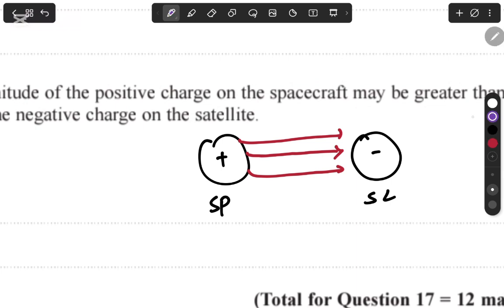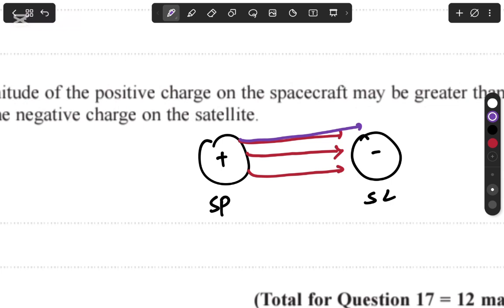It is possible for some of these electrons not to be gained by the satellite, but instead they miss the satellite and don't hit it. Because of this, the satellite doesn't gain that electron, so its charge doesn't increase, while the spacecraft still lost the electron, so it still got more positive.